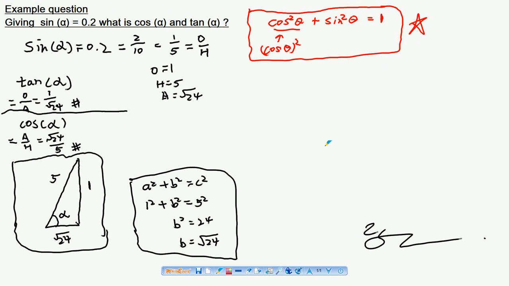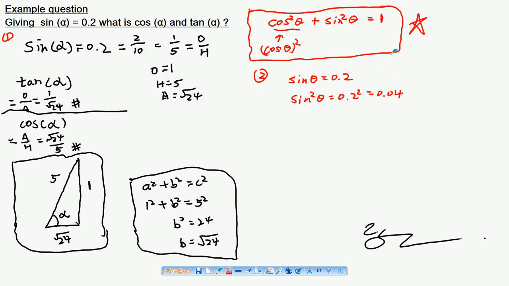That's the second method there. Now, we know sine theta equals 0.2. So sine theta square will be 0.2 squared, which is 0.04.